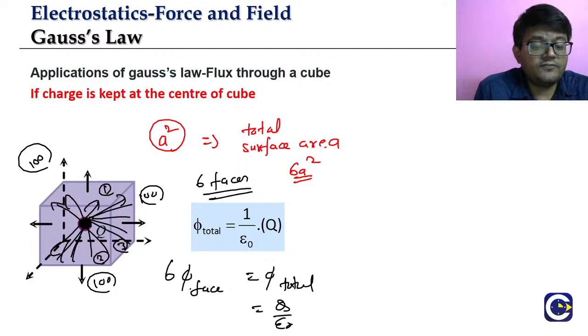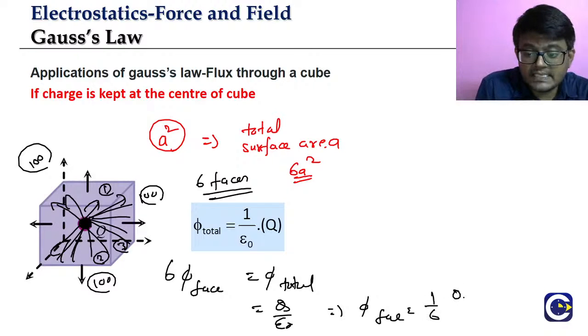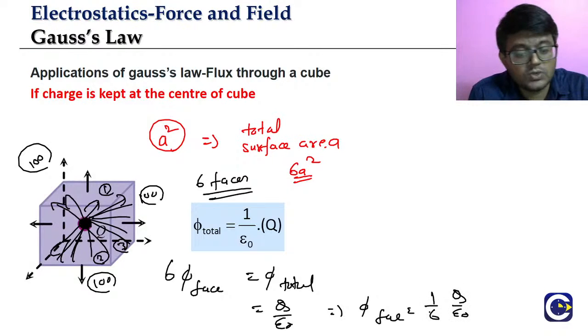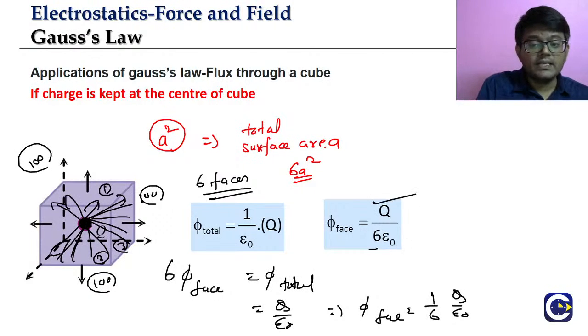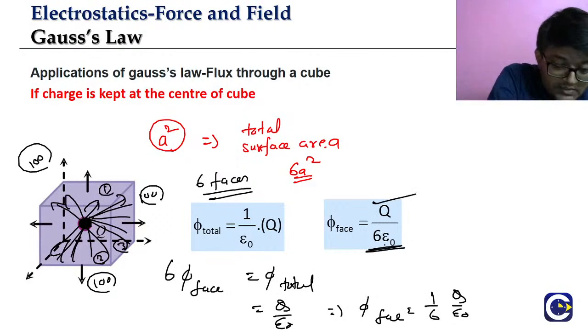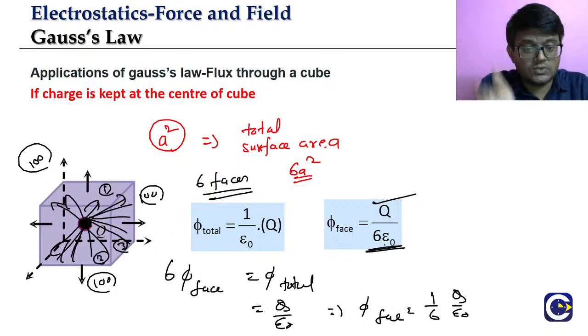So இதுல இருந்து flux through each face வரும். Flux through each face is equal to 1 by 6 into q by epsilon naught, that is q by 6 epsilon naught.